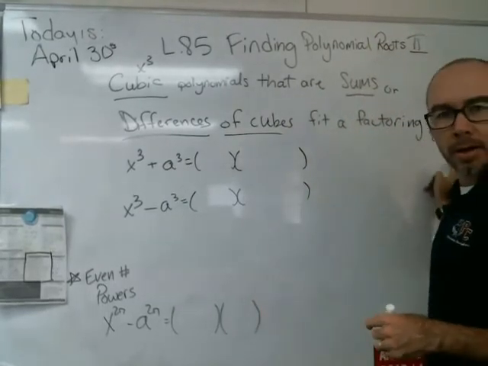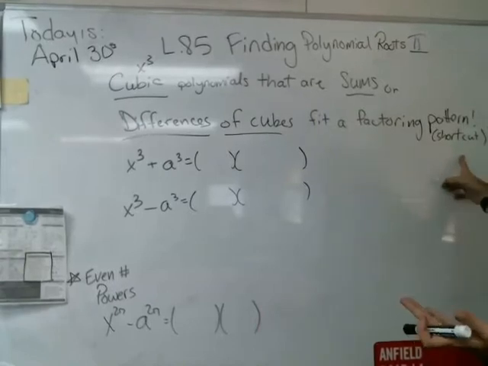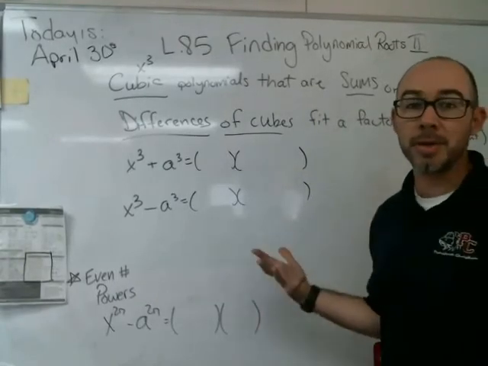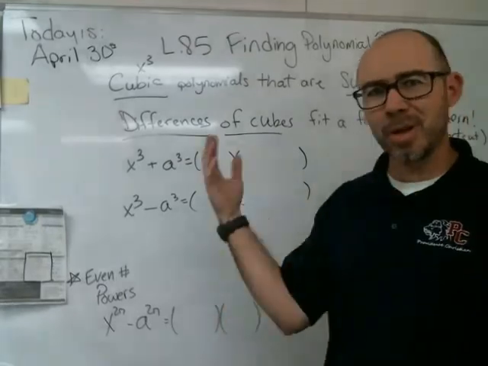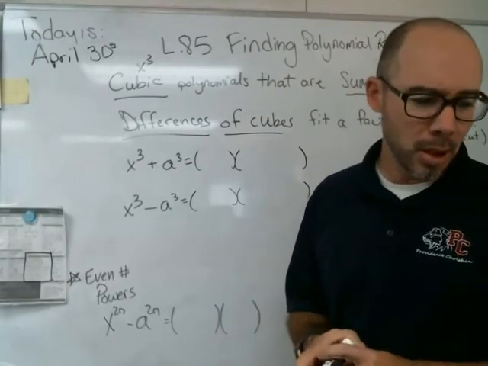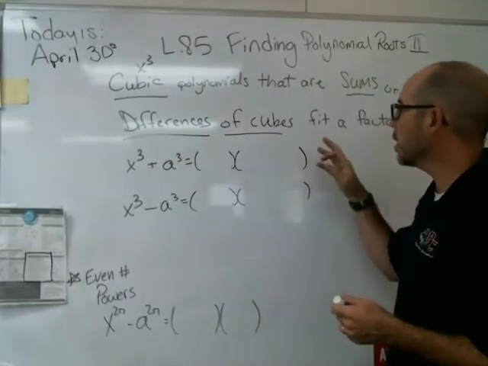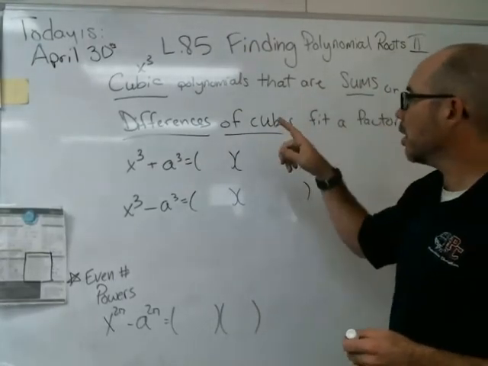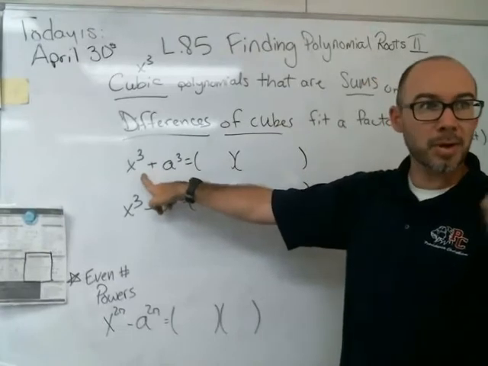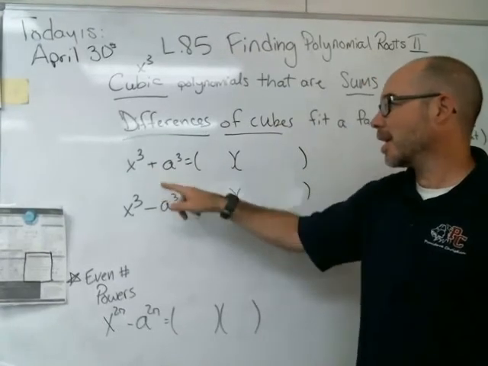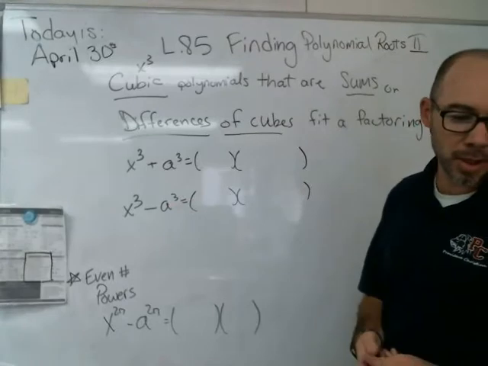Where are we? Oh yeah. These patterns are shortcuts, right? They help us pull the thing apart and do something with it, where otherwise you really have no clue how we're going to pull these things apart. So let's look first at the sum of cubes. If I can write something as x cubed plus a cubed, then I can break it down like this.